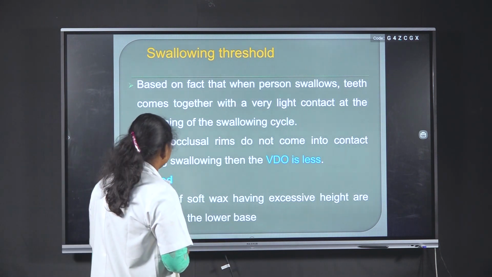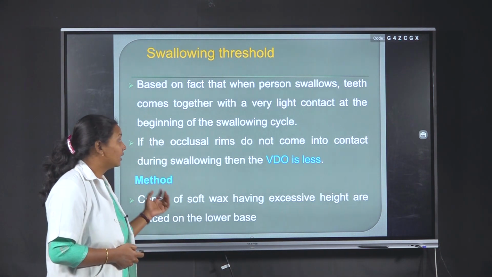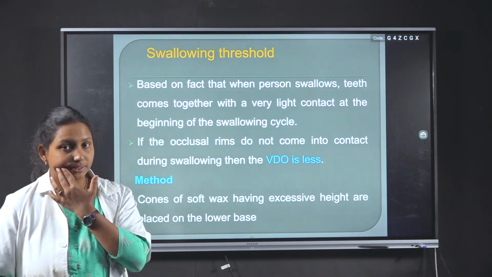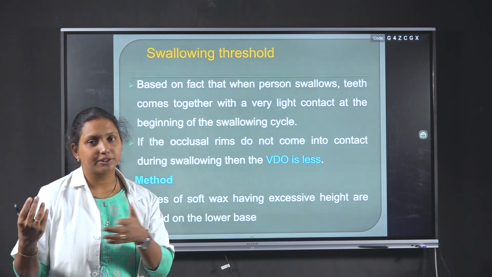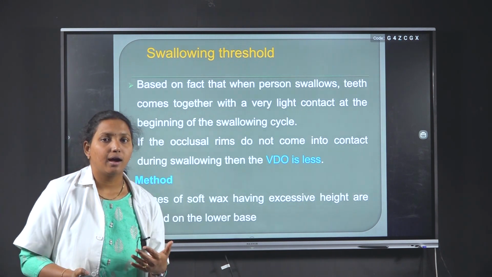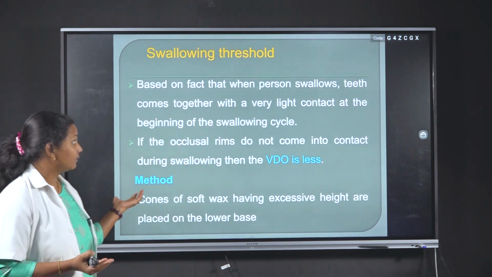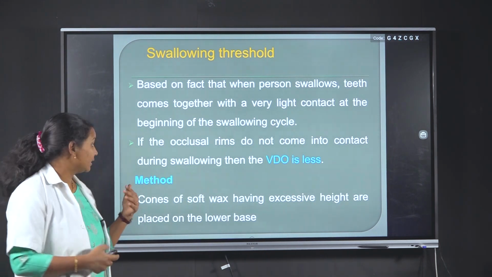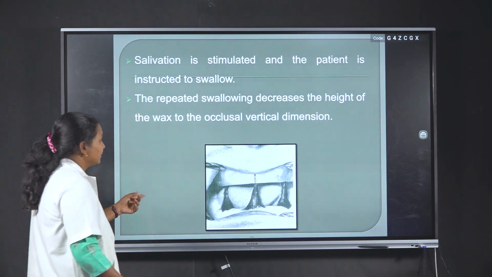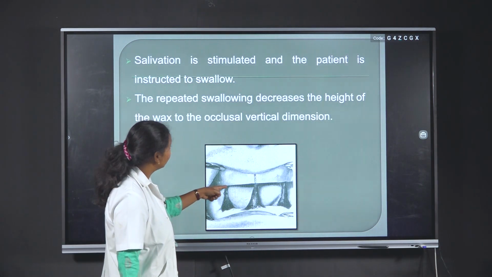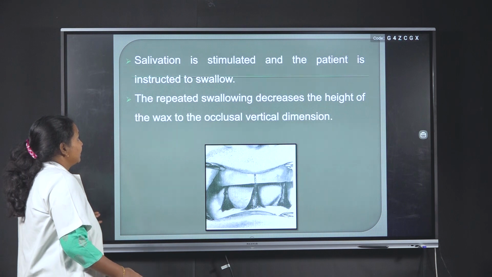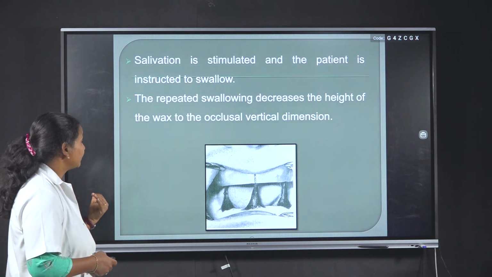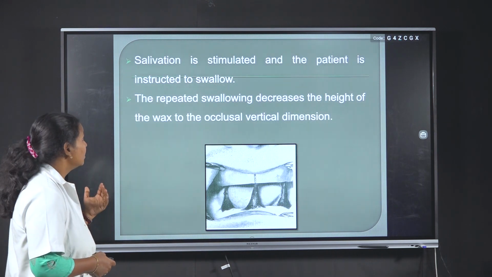Swallowing threshold. Here what they say is that when the patient swallows, the teeth come into contact. So in edentulous patients, who have no teeth, while recording vertical dimension we will ask the patient to swallow. There is one method where they have placed a maxillary occlusal rim and on the lower they have placed wax, and they have simulated saliva and asked the patient to close.